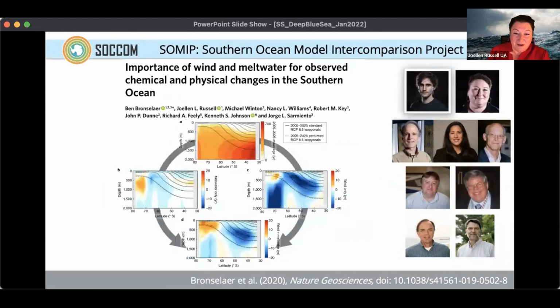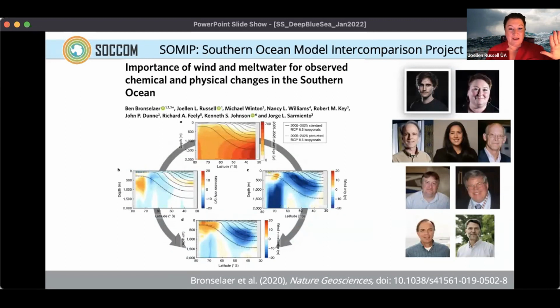I'm an Earth system modeler, and Ben Bronsler, who was my postdoc, who is now off to fame and fortune in London, did these experiments that we had set up for the last IPCC report in support of the Southern Ocean Model Intercomparison Project, where we changed the winds and looked at how much upwelling there is.